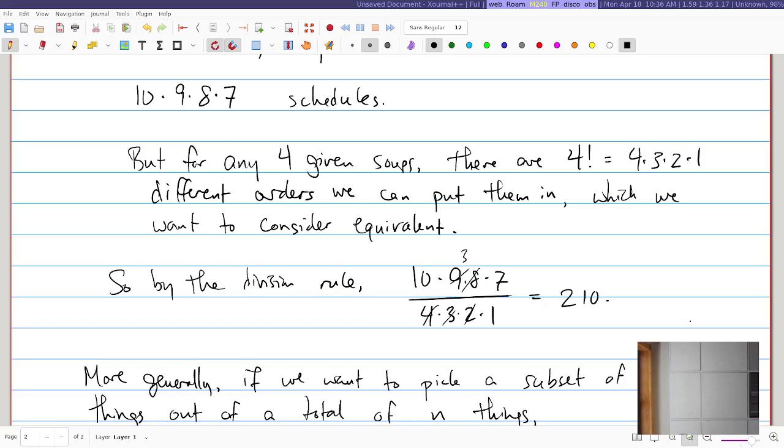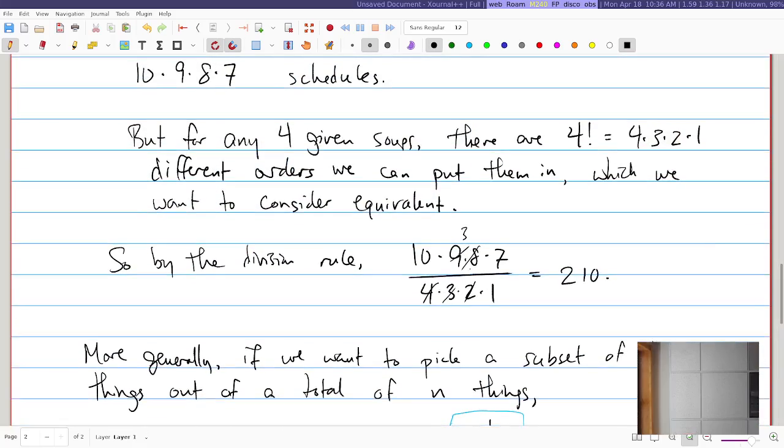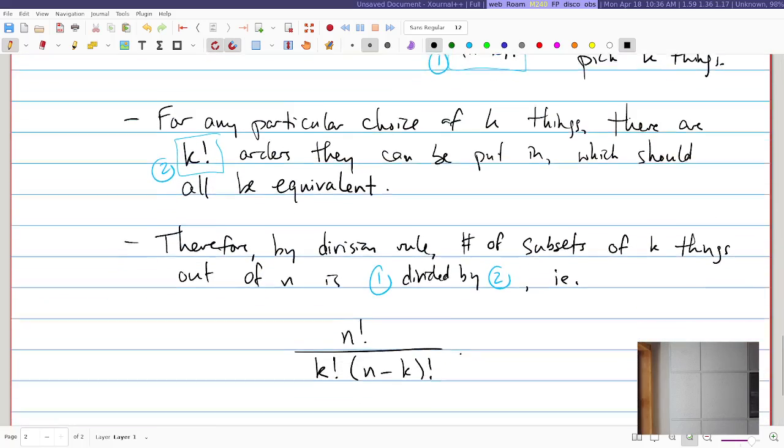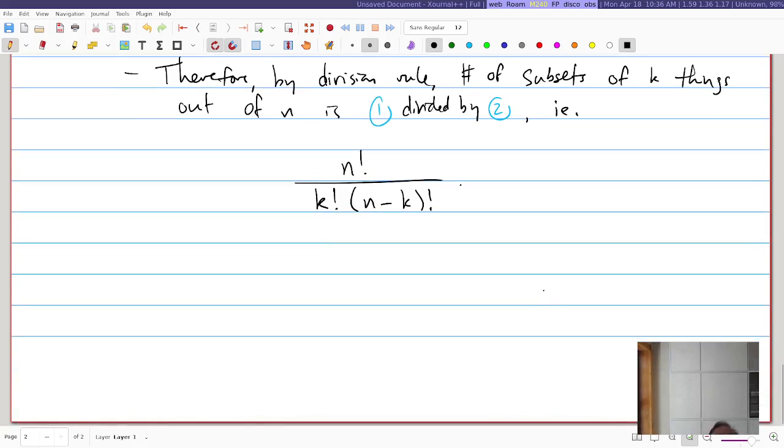Somehow it seems magical to me. But that is a valid argument. If someone asks, when you do this formula, how do you know that everything on the bottom is going to cancel with something on the top? Well, because we argued why this formula tells us the number of something, therefore it must be an integer. Therefore everything's going to cancel. It seems kind of cheating, but that is a valid proof.